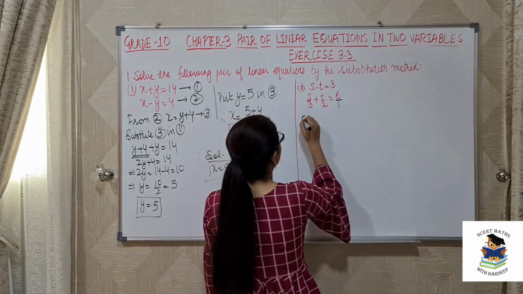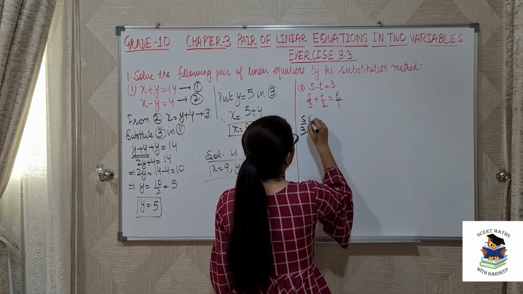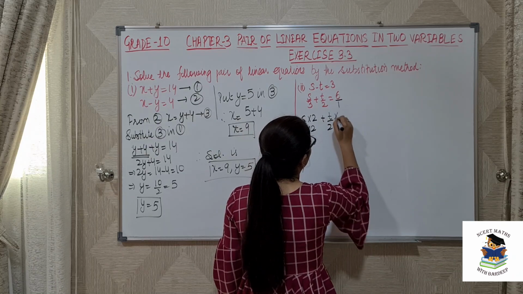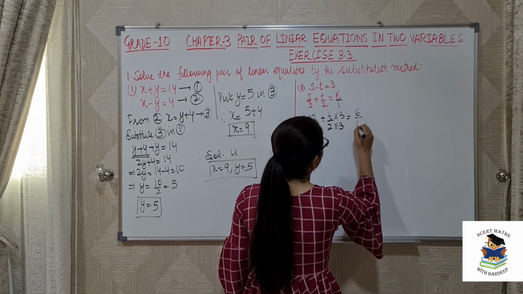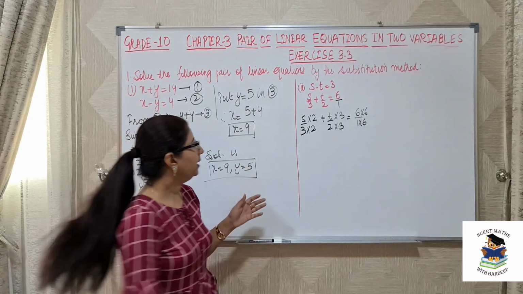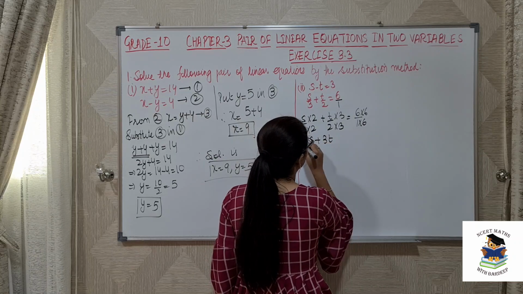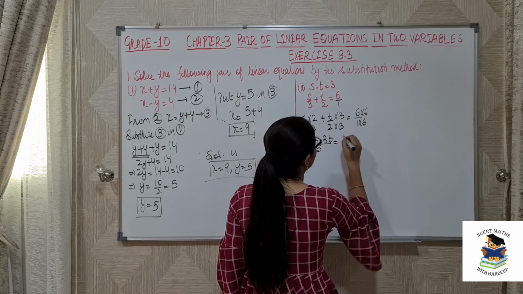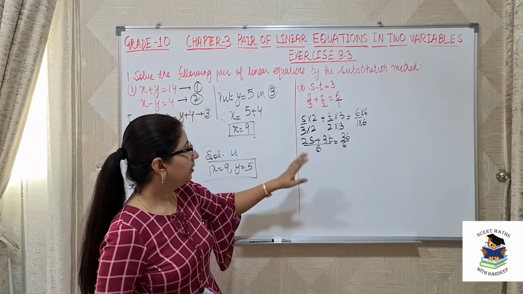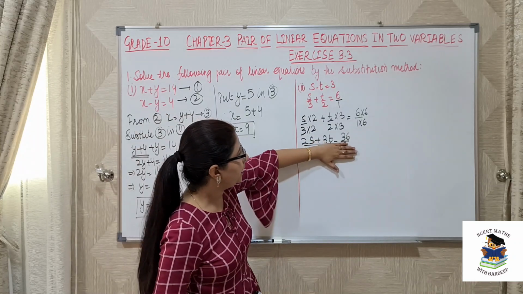This will be s by 3, so 3 into 2, this should be multiplied with 2. This is t by 2 multiplied by 3, and this is already 1, so it should be multiplied by 6 only. Okay, so now I have 2s plus 3t over 6 is equal to 6 into 6 is 36 over 6.